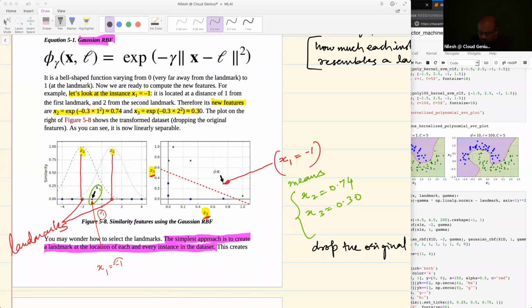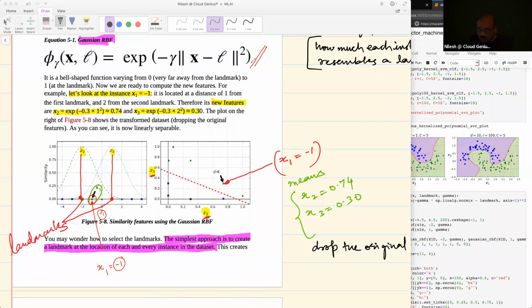If I take this value, x1 is -1, which is that dot right there, and I want to come up with similarity with this landmark and that landmark, I'm going to use this transformation function to come up with the value assessments for those 2 landmark values.